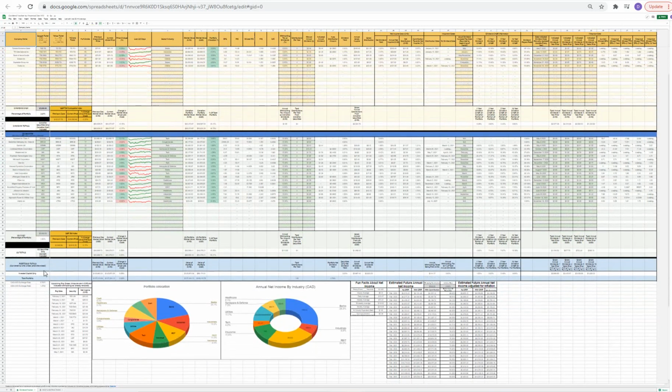Now down at the bottom, you'll find your portfolio totals, and that'll sum up your spreadsheet in a number of different ways. You'll find the market value of your portfolio in both Canadian and US dollars down here. You'll also find your overall portfolio's dividend yield, and your annual dividends for your entire portfolio will be listed here as well.